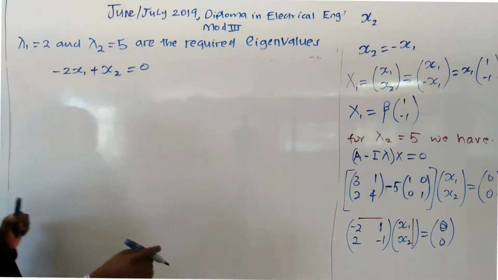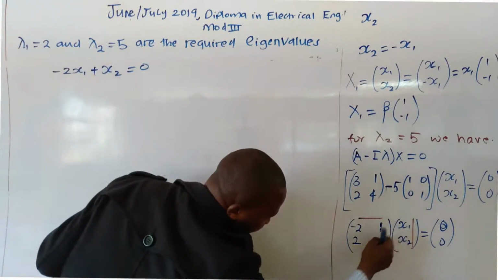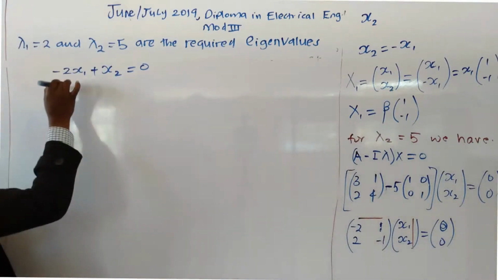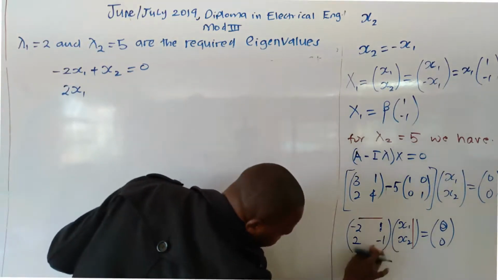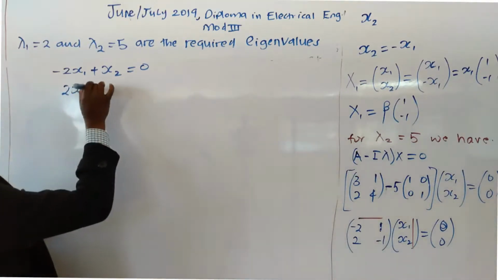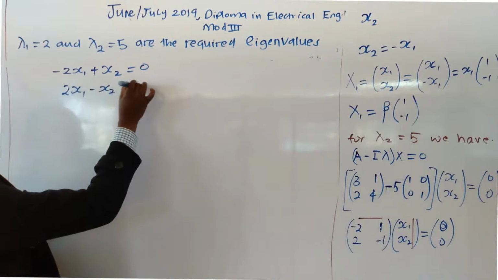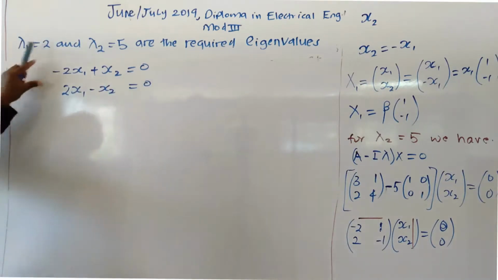We have x1 times positive 2, 2x1, and x2 times negative 1, negative x2, is equal to 0.